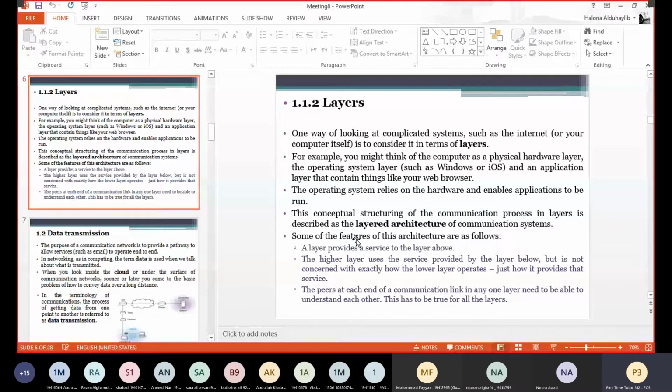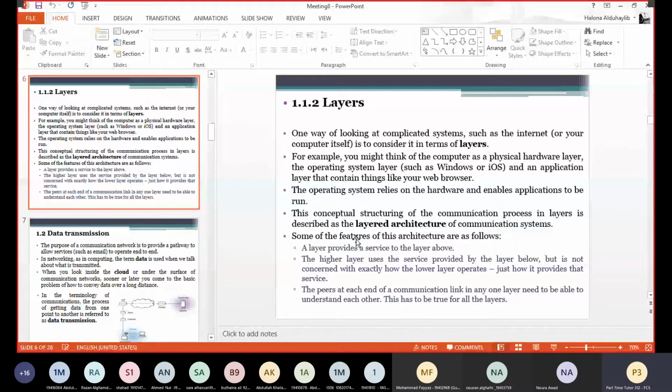One way of looking at complicated systems is to think of them like layers. For example, you can think of the computer as the physical hardware layer, whereas the operating system will be the operating system layer, like Windows or Macintosh. The application layer is the layer behind the operating system layer, like the web browser, the Office version, the calculator, the painter, any other application.